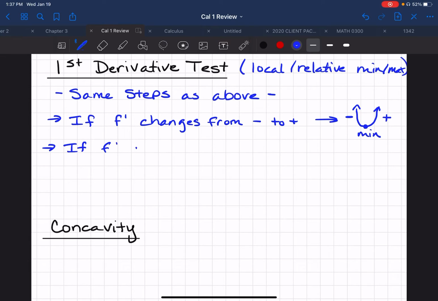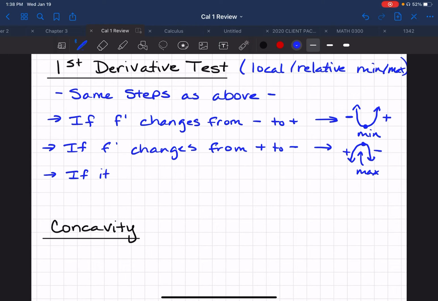If the derivative changes from positive to negative at that critical point, or around that critical point, positive and then goes negative, that means you've got a max. If it doesn't change, then you have neither.